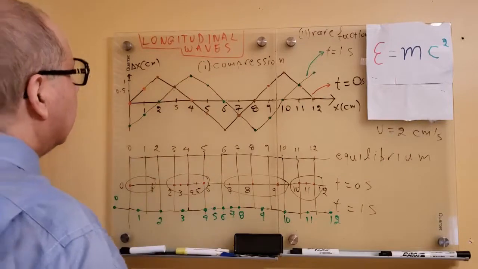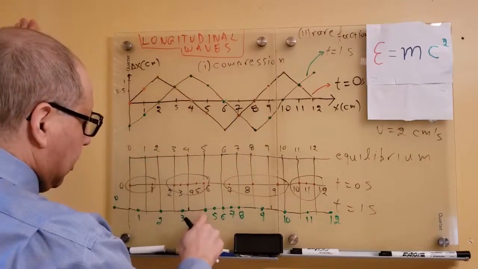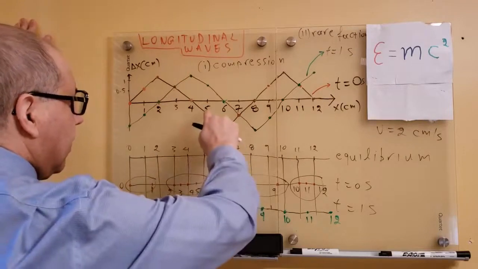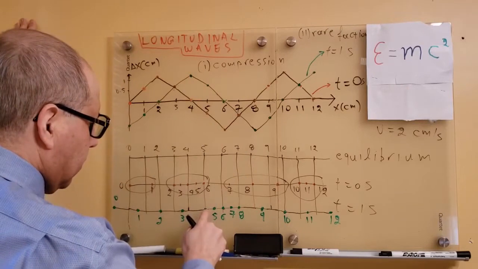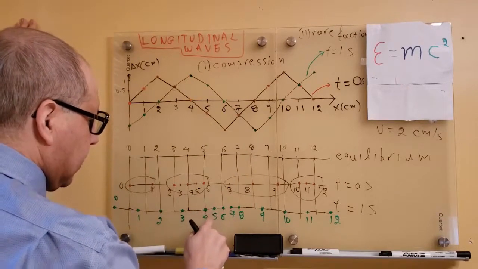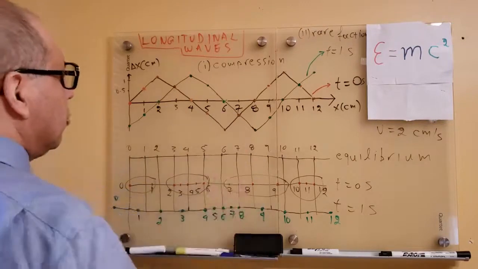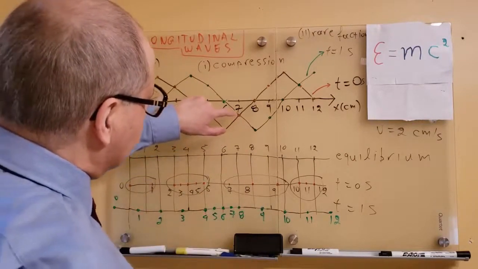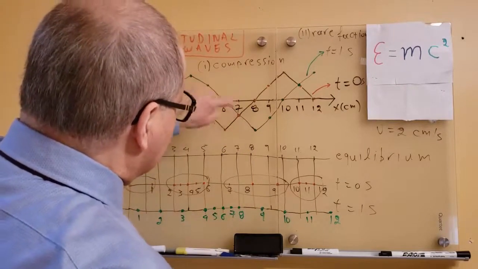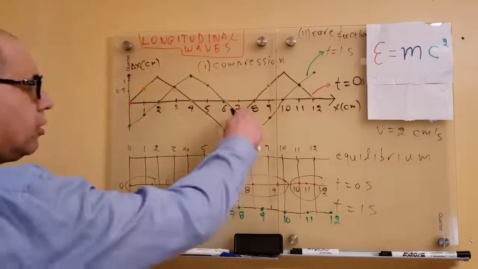Point 4 is 1 up, so it should be 1 to the right. Point 5 is half up, so it is here. Point 6 is at the position of equilibrium. At point 7 we have both the green and the red dot.